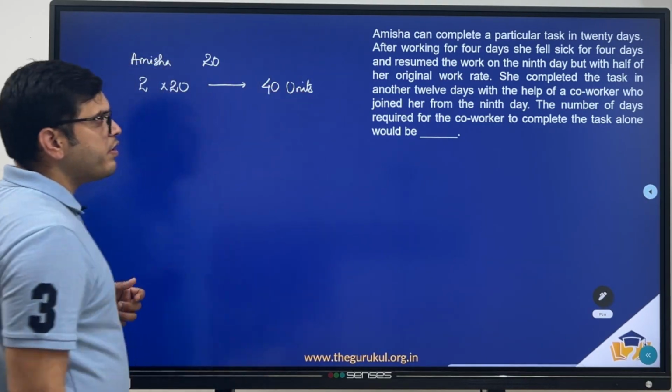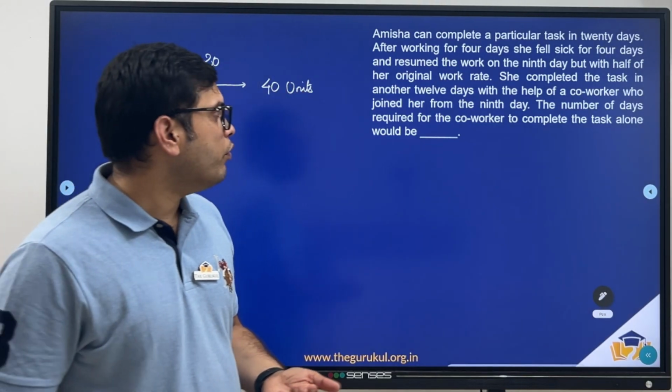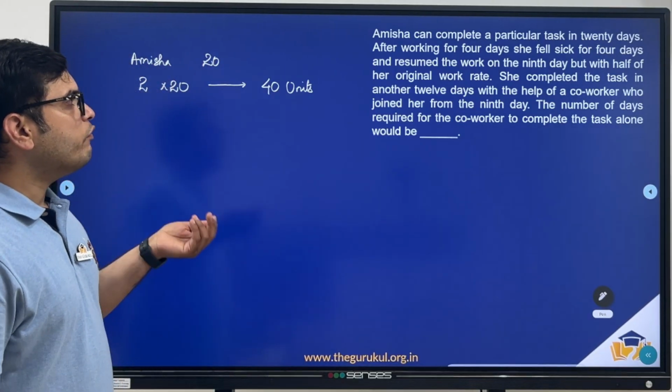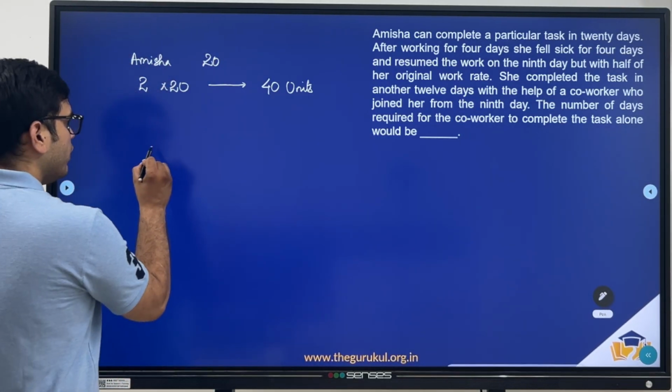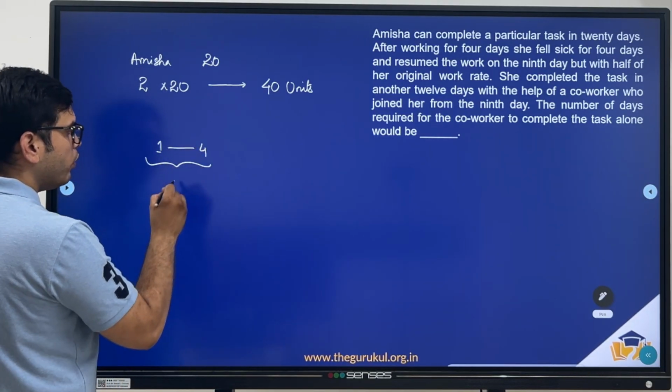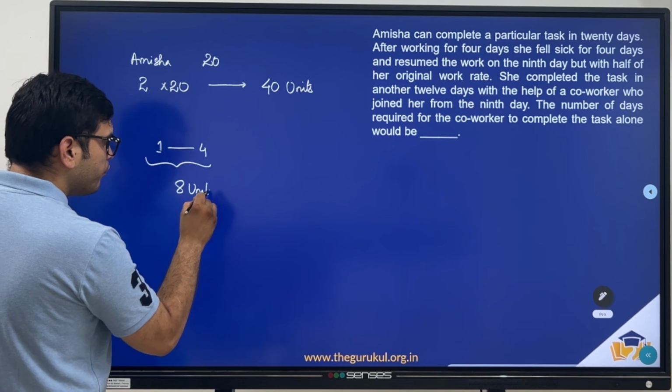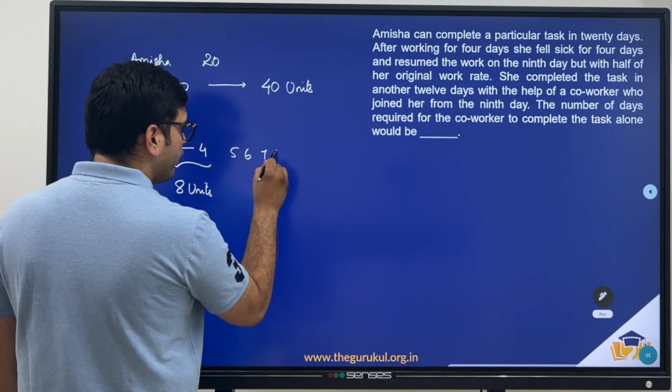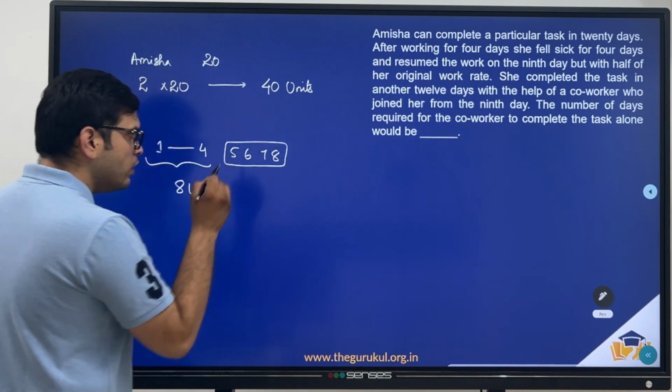So Amisha is assigned to complete 40 units. Then what happened? After working for 4 days, she fell sick. So in these 4 days, she would have completed 2 into 4, 8 units of work. Then days 5, 6, 7, 8, she did not work for these 4 days.